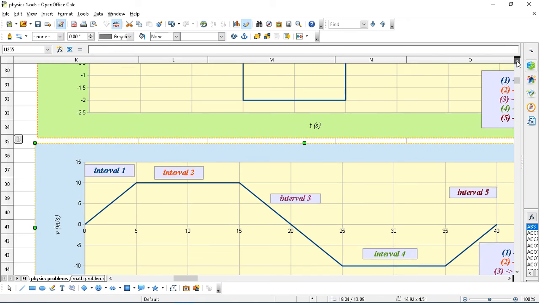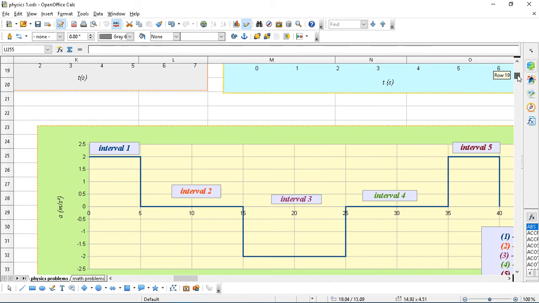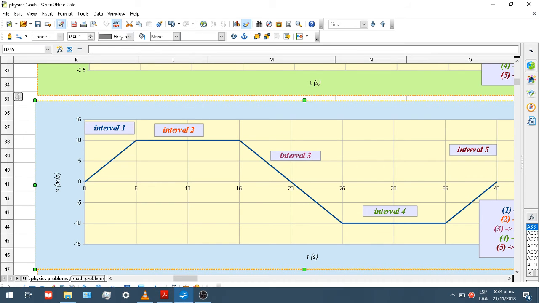For interval 5, the acceleration changes and is constant at 2 meters per second squared from 35 to 40 seconds, so that the velocity increases from minus 10 meters per second to 0 meters per second.